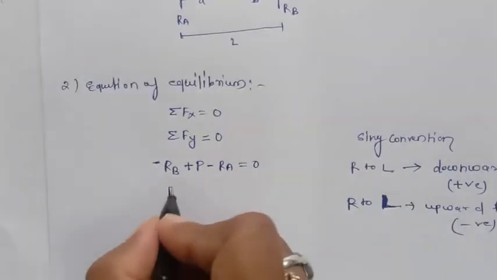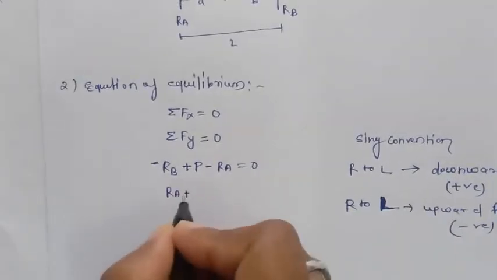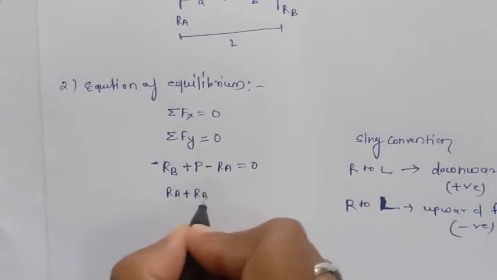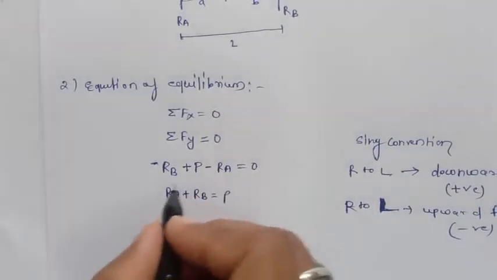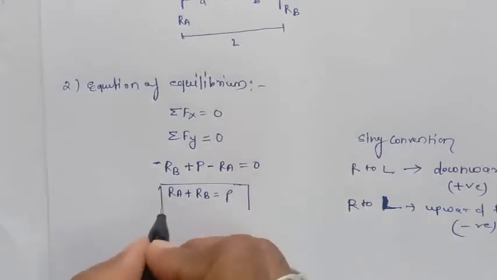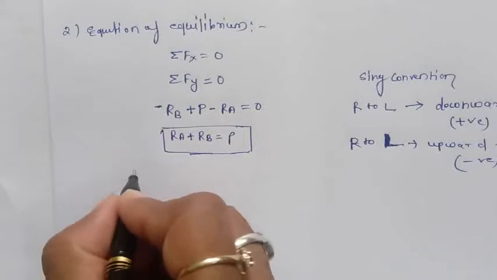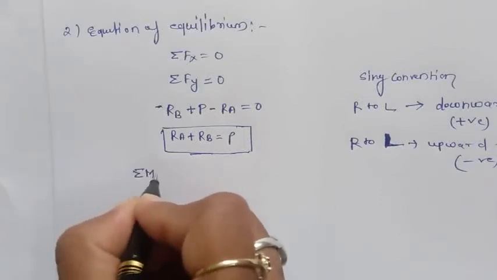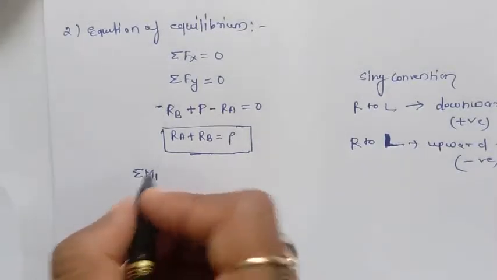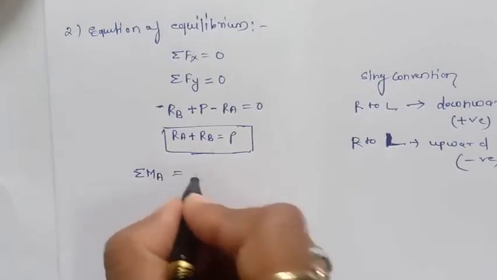Or we can write it like this: RA plus RB equals P. This is our equation of summation of y, equation 1. Similarly, take moment M about any point, A or B. I'm taking moment about A equal to 0.